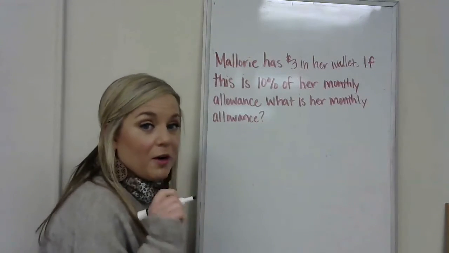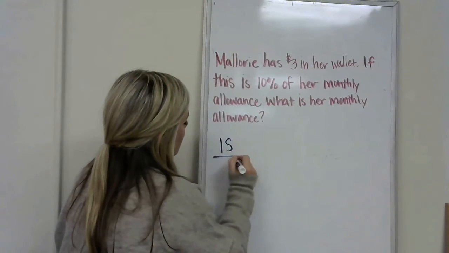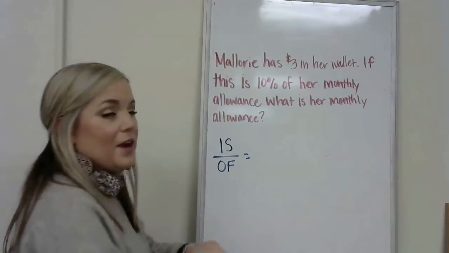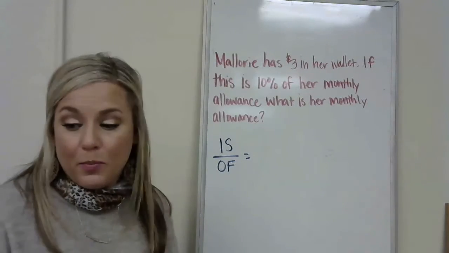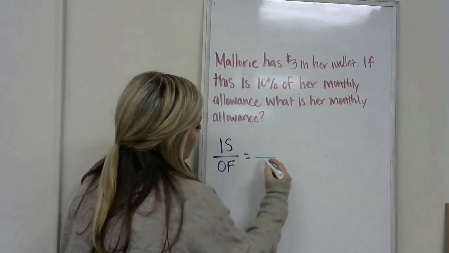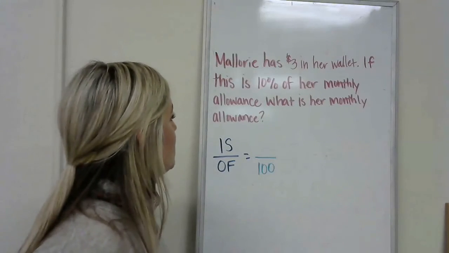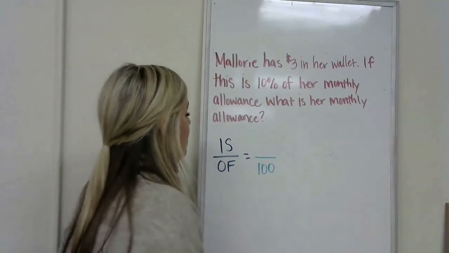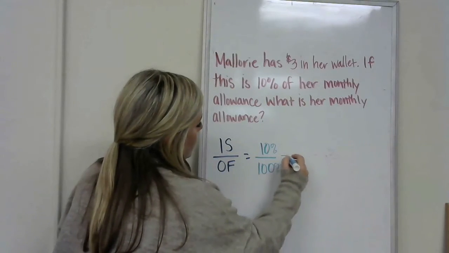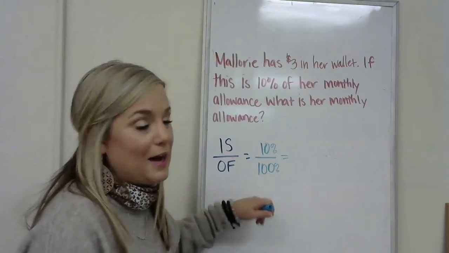Remember, the most important thing with percent and proportions is is over of, right? Our of percentage is always 100%. Is there a percentage in my problem? Yes, there's a 10%. That is going to go up here because these are our percents. 10% of 100%. 100% is the total of her allowance.